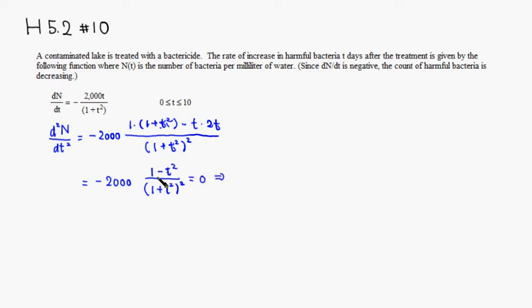So 1 minus t squared is equal to 0. Add t squared to both sides, so 1 has to be equal to t squared. Then we can take the square root of both sides, so plus or minus 1 is the t value. But since t is between 0 and 10, obviously we pick the positive one.